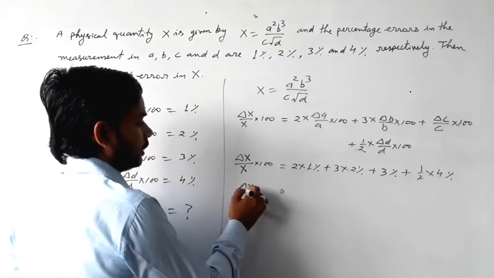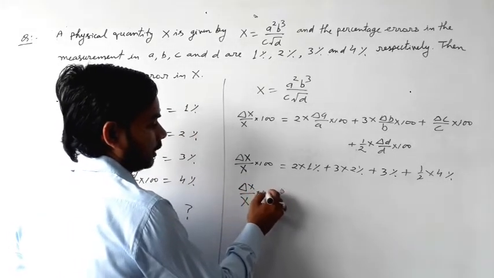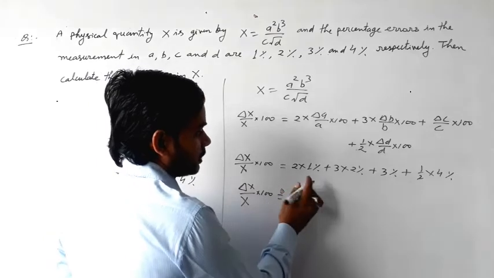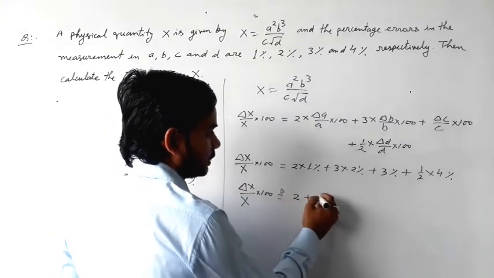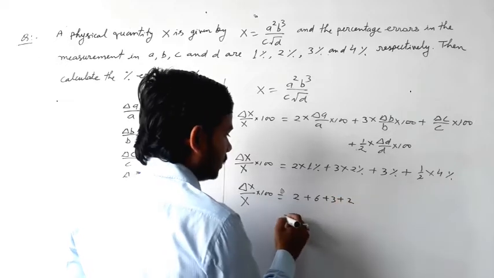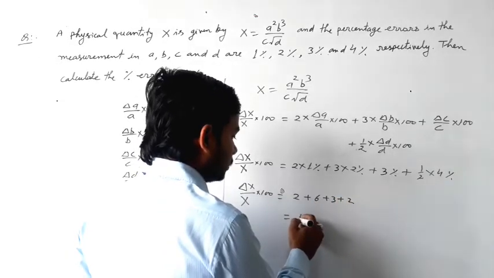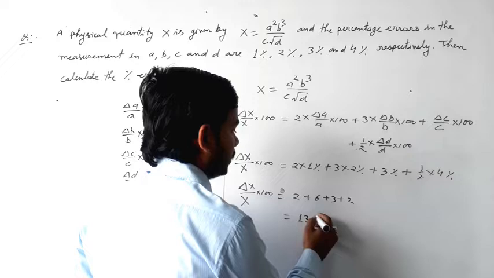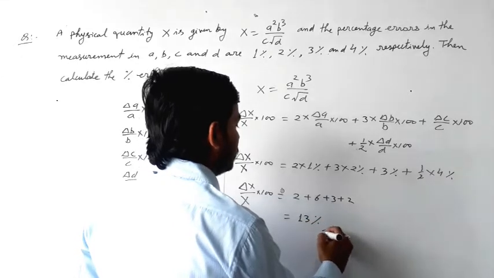Then delta x upon x into 100 equals 2 plus 6 plus 3 plus 2, which will be 13%. This is the final answer.